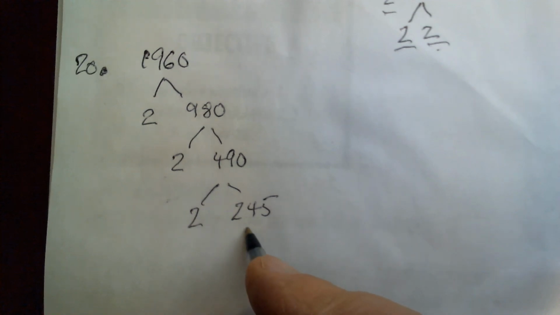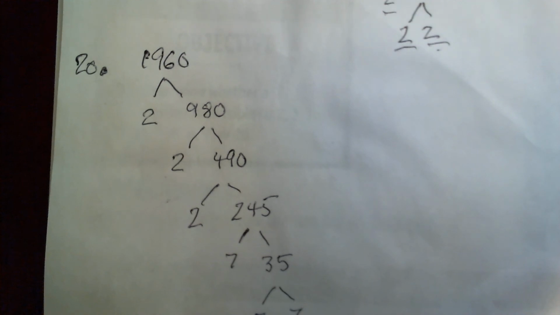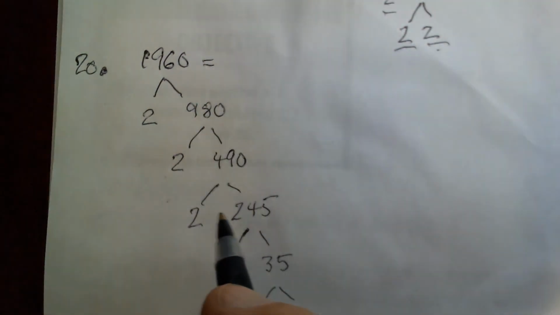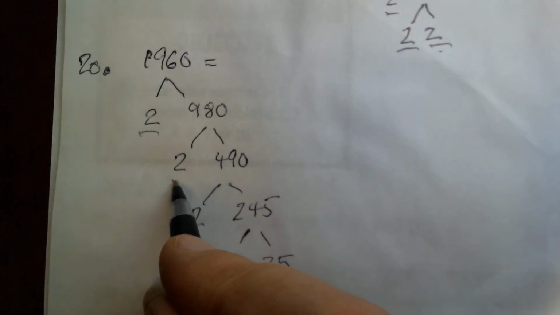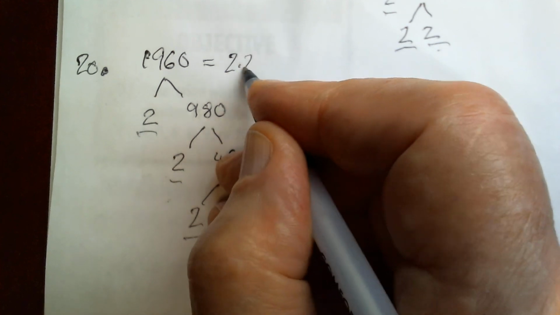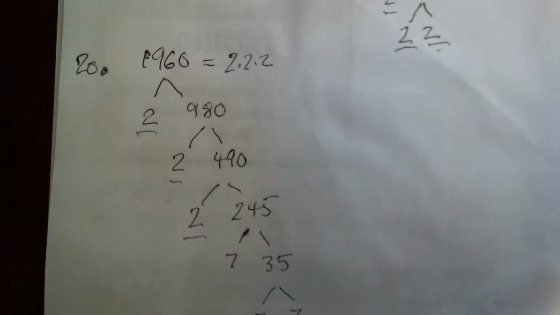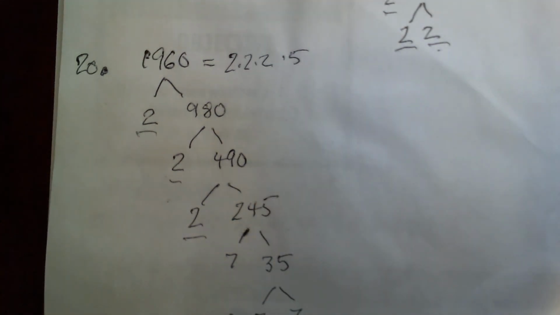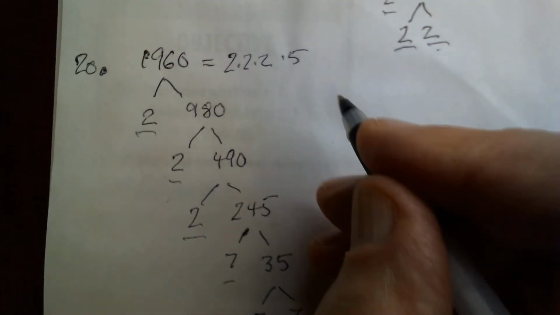And that's equal to 7 times 35. And 35 is a product of 5 times 7. So therefore, the prime factorization of 1960 is 2 times 2 times 2 times 5 times 7 times 7. There's one 5 there.